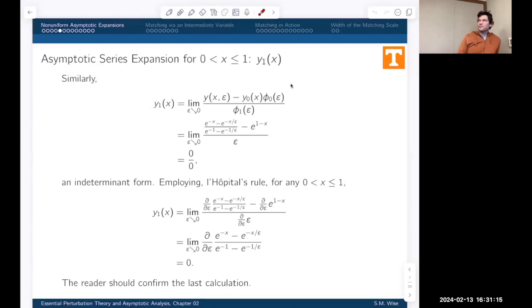So now let's plug in the details that we have. This is, of course, the original analytic function. Put that there. Phi 0 is just equal to 1 times y0. That's just this function here. And of course, we're dividing by epsilon because phi 1 is just epsilon. This ends up in 0 over 0 indeterminate form, and so we have to apply L'Hopital's rule or something like it.